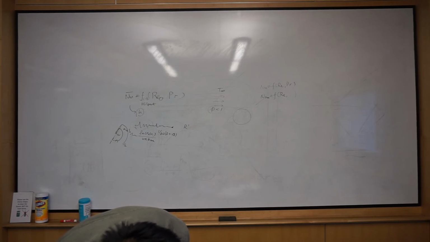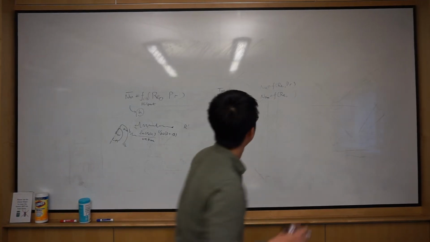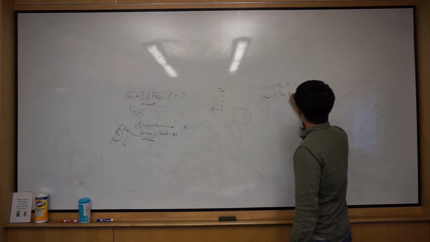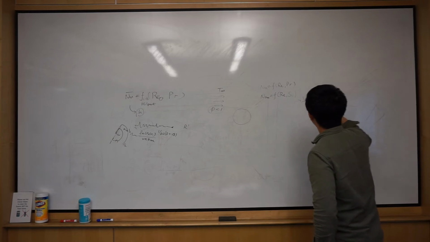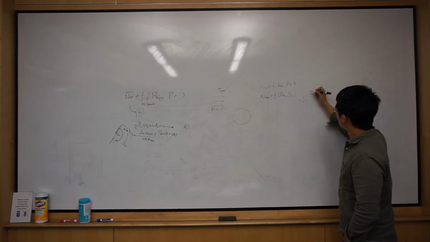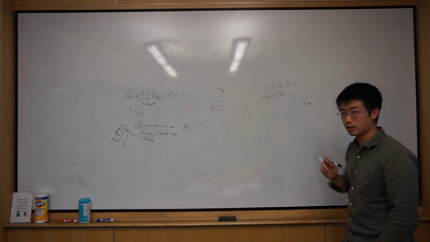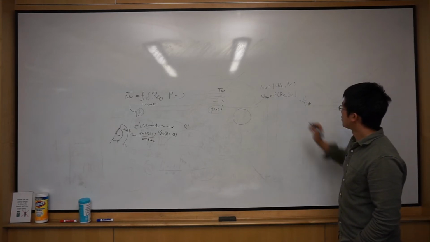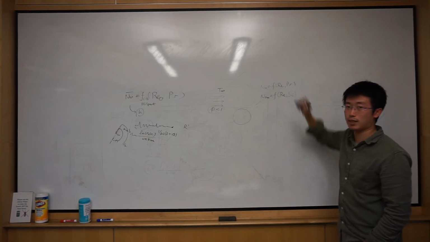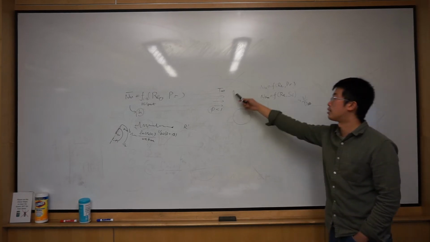Oh, the Schmidt number, I found it. The Schmidt number is the viscosity divided by the binary diffusion coefficient, the binary diffusivity. So the key is these two share the same Reynolds number because it's the same geometry, same velocity, just a different fluid.